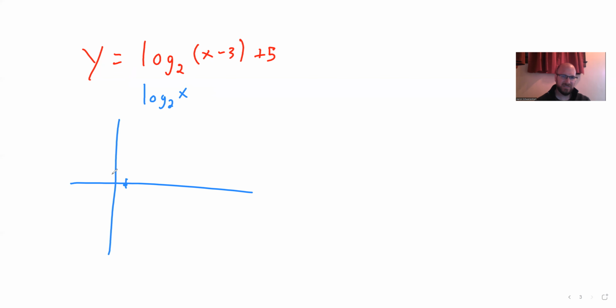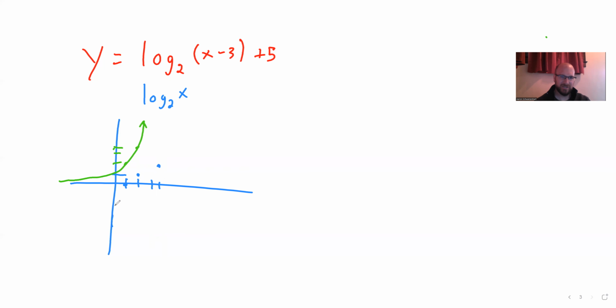Log base 2 of 1 is 0. Keeping in mind that this is the inverse of the exponential, so I have reflected the exponential 2 to the x over y equals x. Okay, so that's the 2 to the x in green here. It goes to this point 2, 1, it goes through 4, 2, 4. So that means my logarithm is going to go through 4, 2.